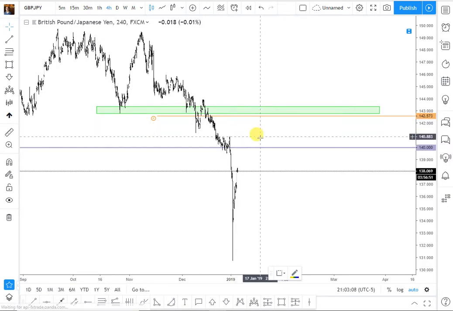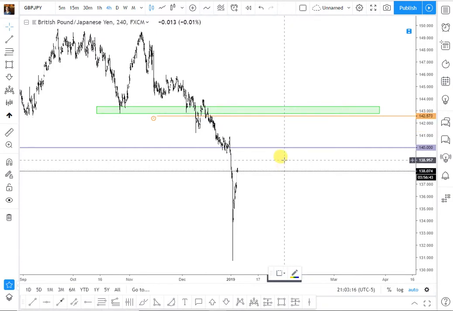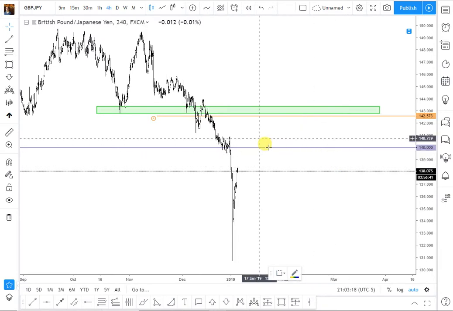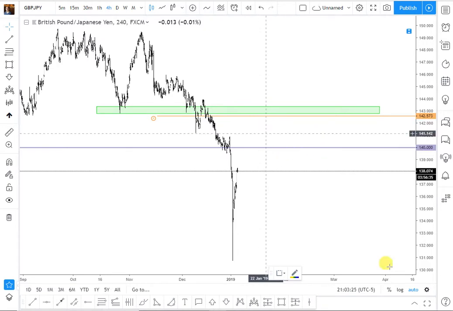So this is our plan to short this pair around 1.4250. Maybe the price reaches 1.40 as a psychological level, then makes a reversal pattern here in this zone, then goes down.